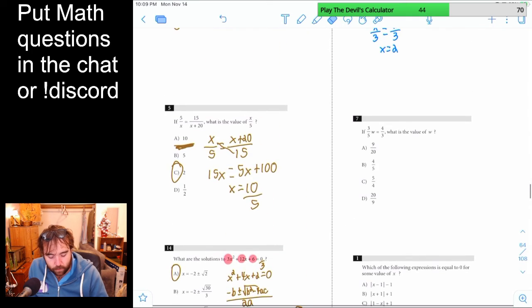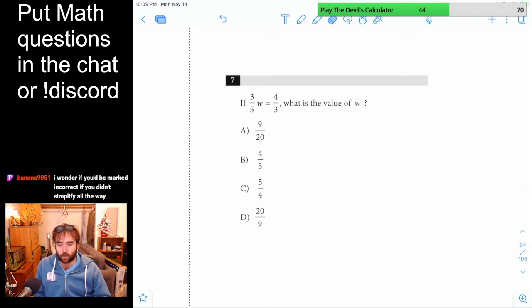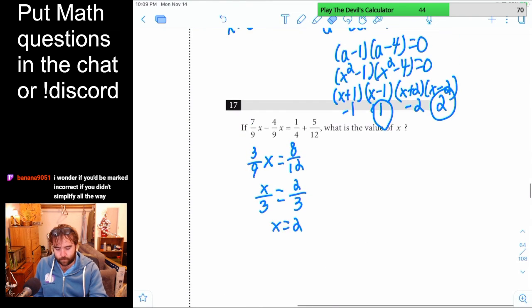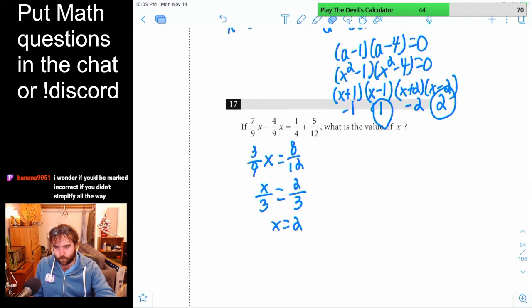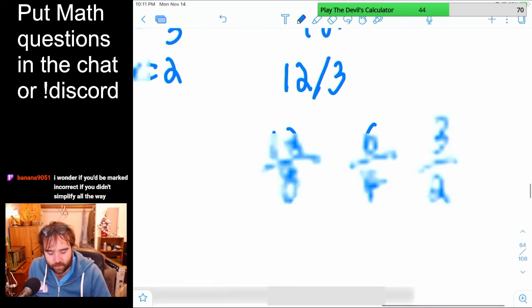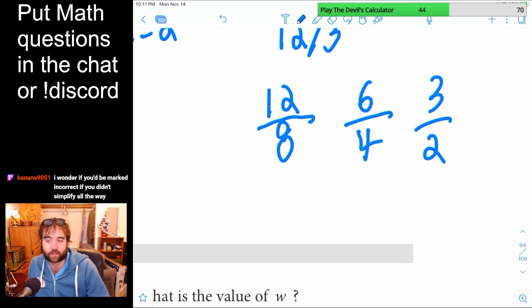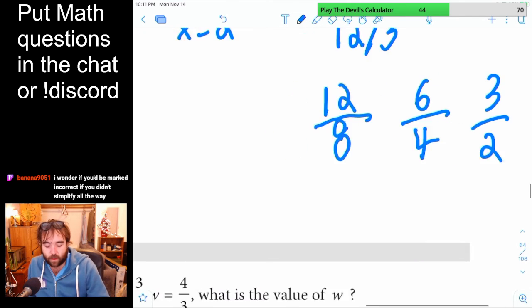All right, we got 2 more for tonight. So, number 7. So we were just talking about gridding in answers and how when you grid in an answer, you only have 4 slots to grid in the answer. So if you have fractions, like here, all 3 of these answers should be acceptable because they're all equal to the same thing.